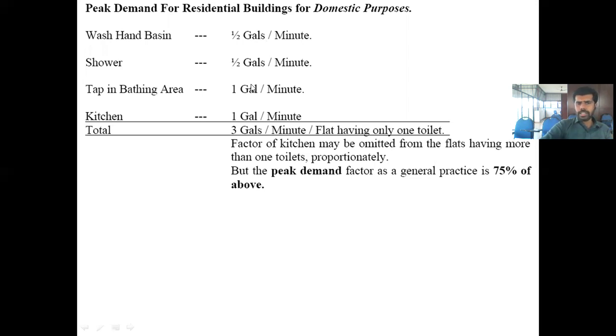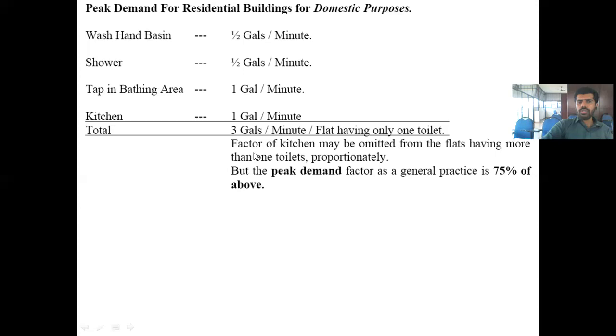Tap in bathroom area is 1 gallon per minute. Kitchen 1 gallon per minute. This is the normal flow rates. So in a house, or in a toilet, if you're adding, you'll be having a peak demand of 3 gallons per minute. 1 plus 1 plus 1 is 3, and it says that for a flat having only one toilet, maximum you may get 3 gallons per minute.